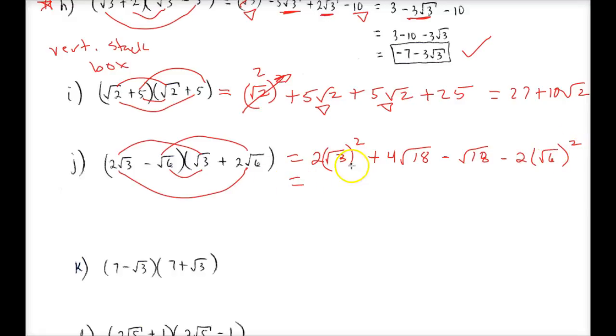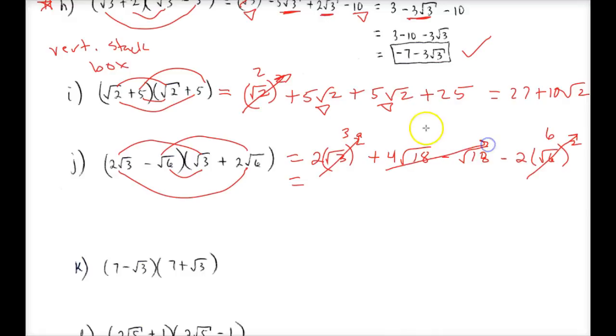Okay? And so for here, we see that square root of 3 squared is just 3. And square root of 6 squared is just 6. So have that. We can combine 4 times square root of 18 minus 1 times square root of 18 to be 3 times square root of 18.